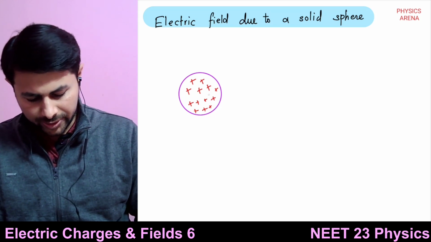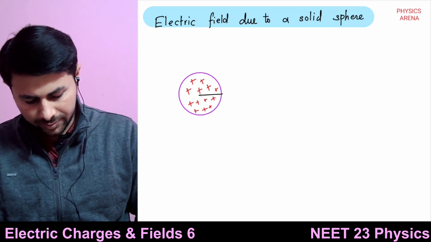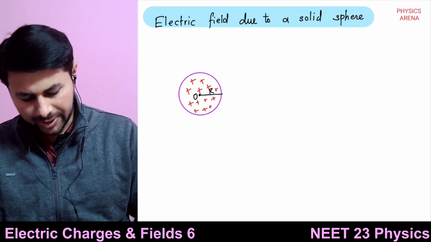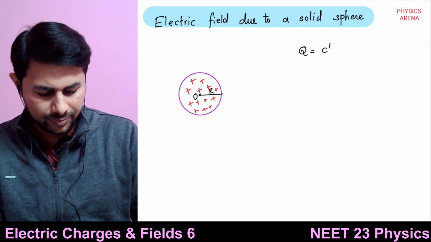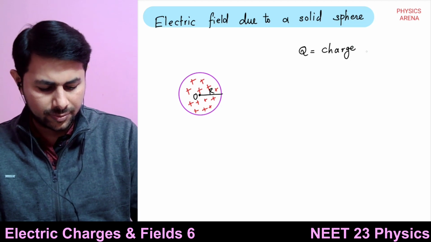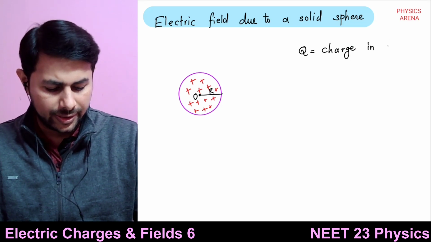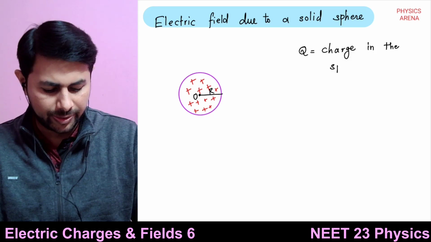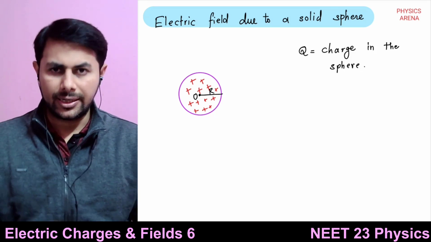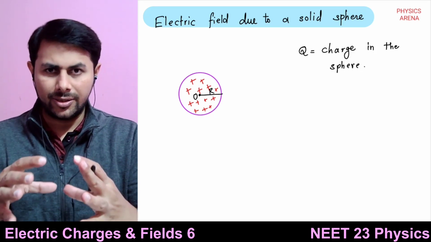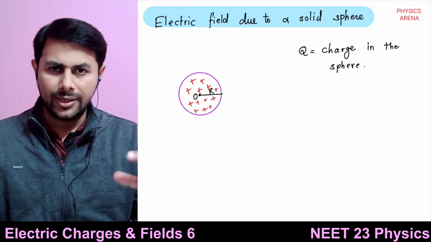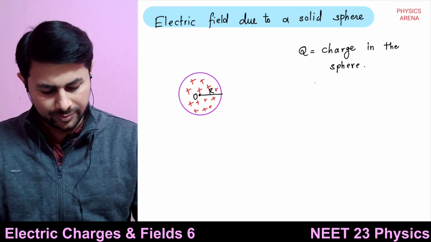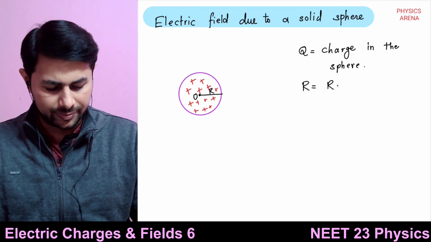And its radius is suppose capital R. This is the center, you can call it O. Radius is capital R. So Q is the charge distributed in the sphere. That's the difference. This is a solid sphere, so there is mass inside the sphere, charge uniformly distributed inside the sphere. R is its radius.